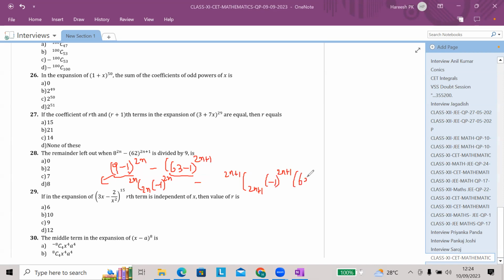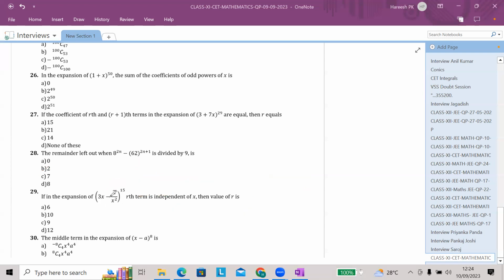Of course, 63 also will come, but will be power 0. Here also 9 will be there, but power 0. So here overall you'll get 1. And here you'll get minus 1. So 1 minus of minus 1. So the remainder is 2. Because all other terms contain 9, remainder will be 0. But only the last terms of both will have this remainder.